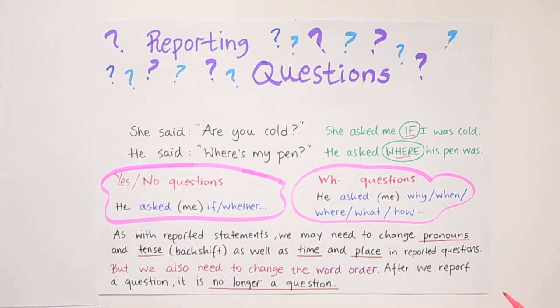But this is the most important thing. We also need to change the word order. After we report a question, it is no longer a question. That's the most important thing we need to pay attention to while we are reporting questions.